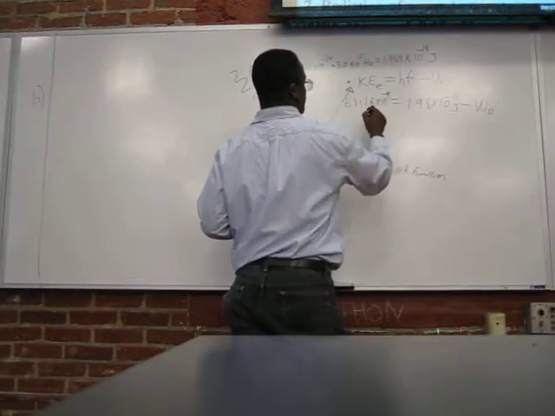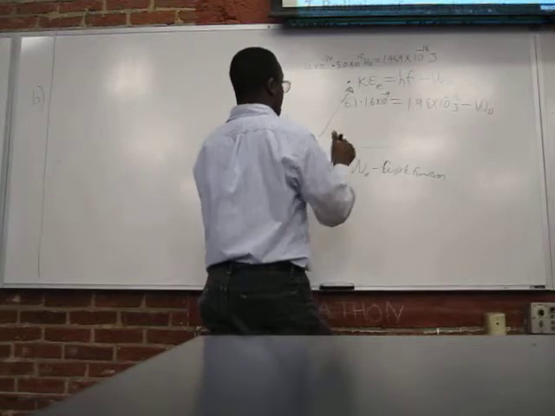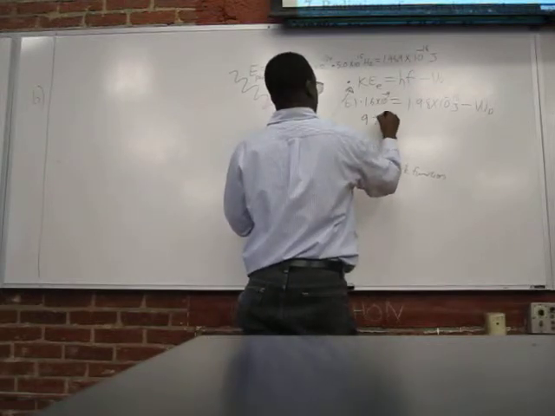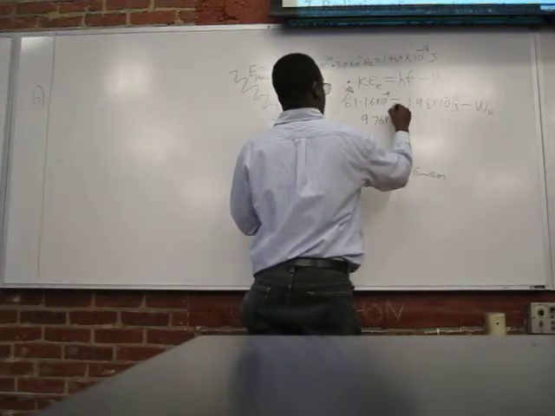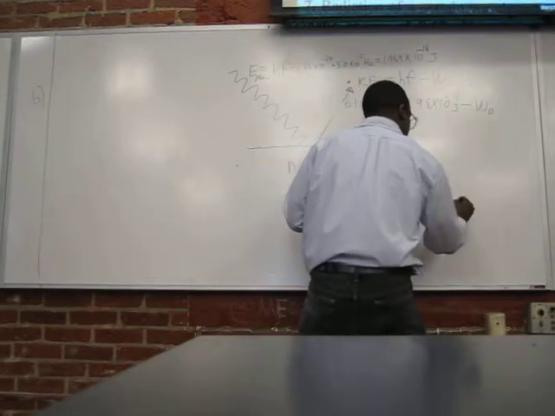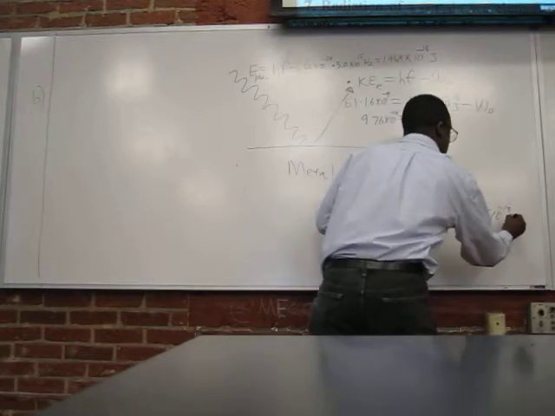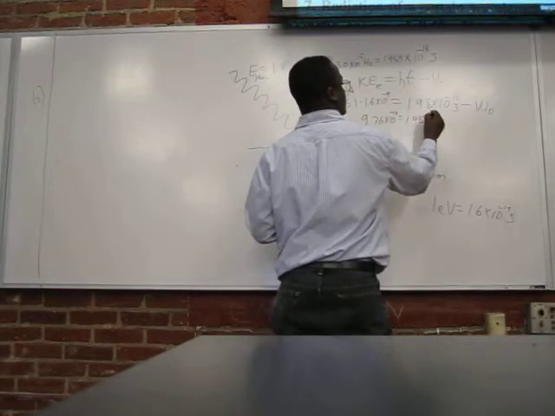Now you've got joules on this side. So 6.1 times 1.6 times 10 to the negative 19 is 9.76 times 10 to the negative 19. Why is that? Because 1 eV equals 1.6 times 10 to the negative 19 joules. That's our conversion factor.